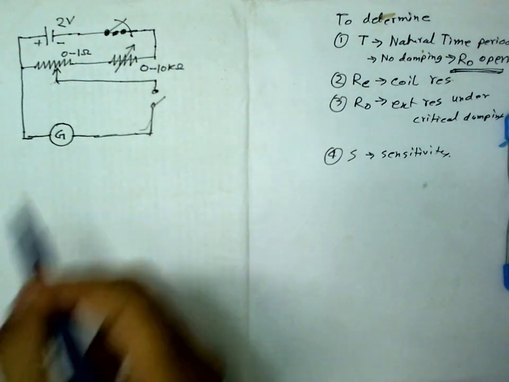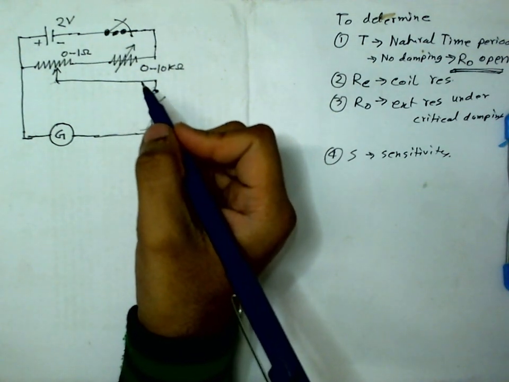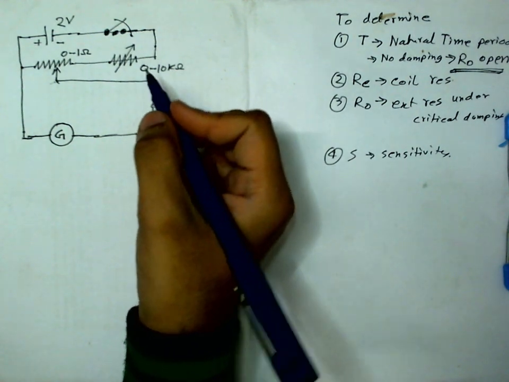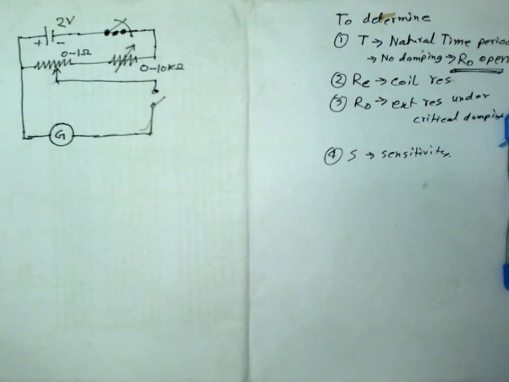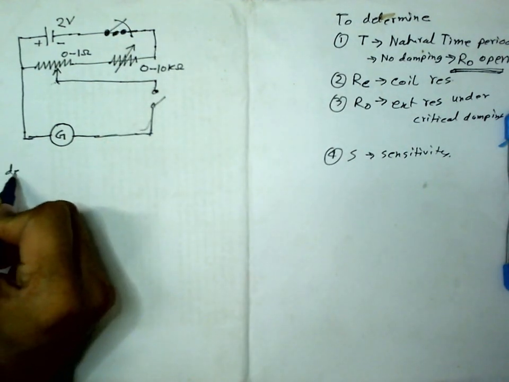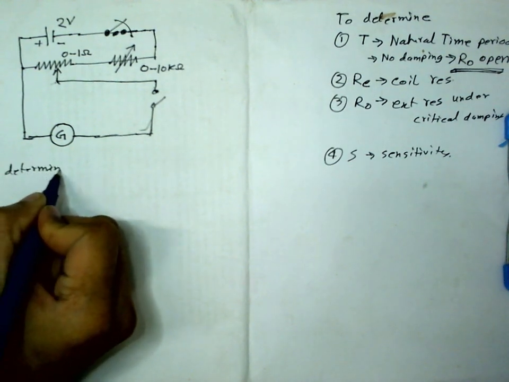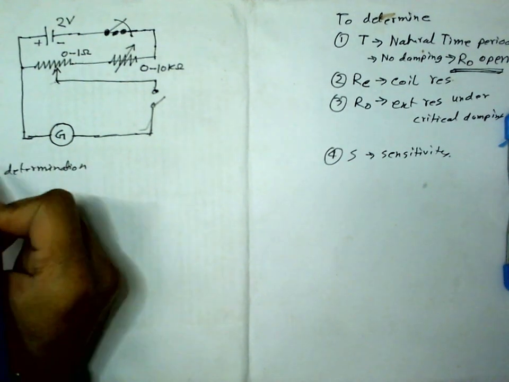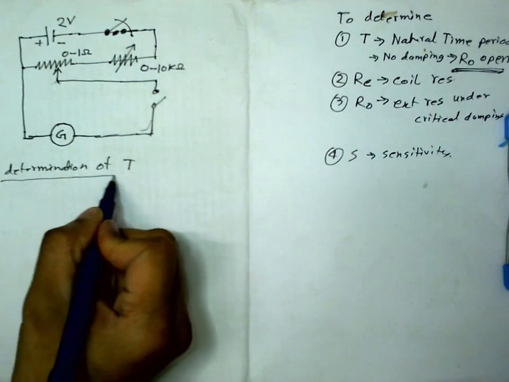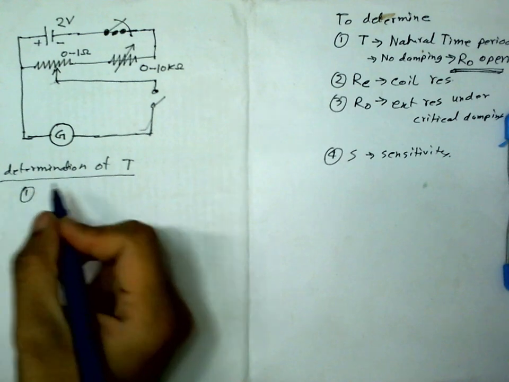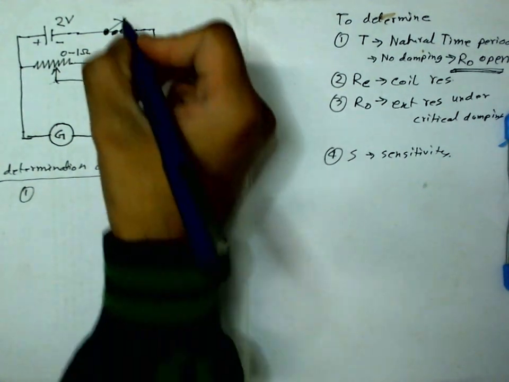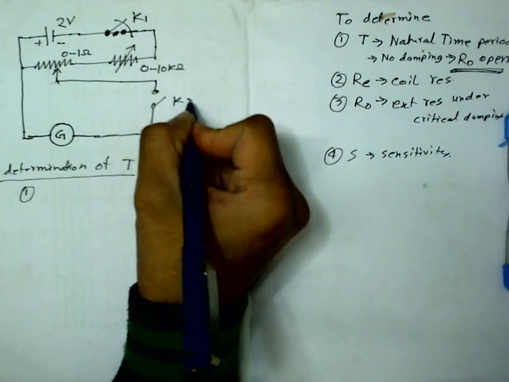How can we do that? We'll do it like this. So we will first close this switch. So T determination, of T time period. Step one, close this switch. Let me give it a name, K1, K2.